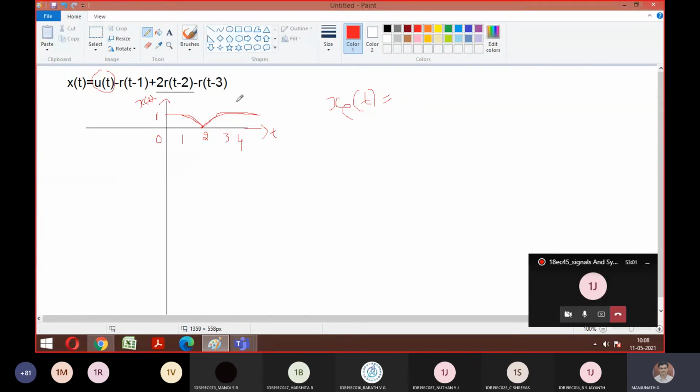The formula you need to remember is half of x of t plus x of minus t. This is the formula you need to remember for the even function, x of t plus x of minus t.